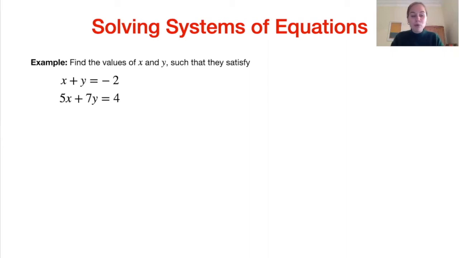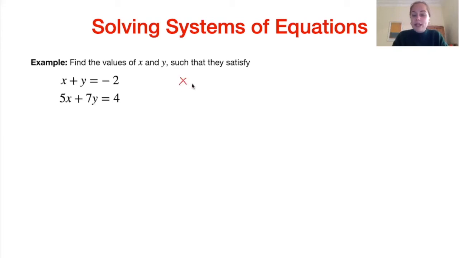Well, I've got an example on the slide right here. Find the values of X and Y such that they satisfy these two equations. Well, we know how to solve system of equations like this, right? We can do it using kind of what we've learned previously.